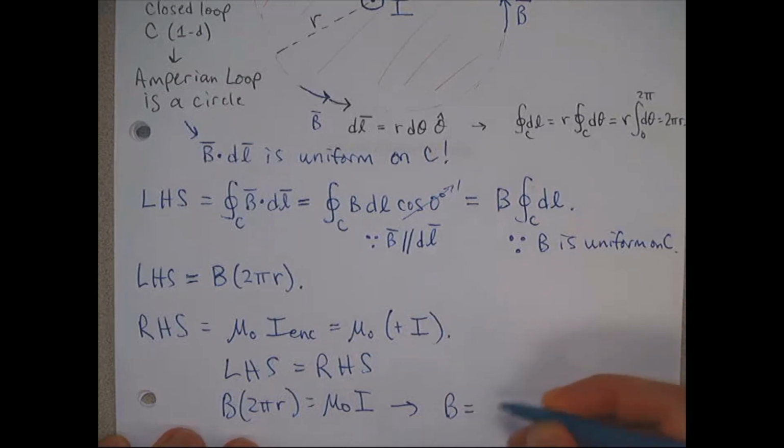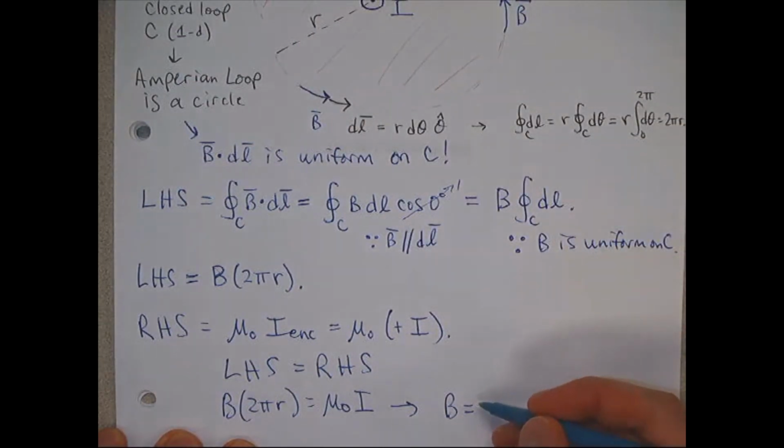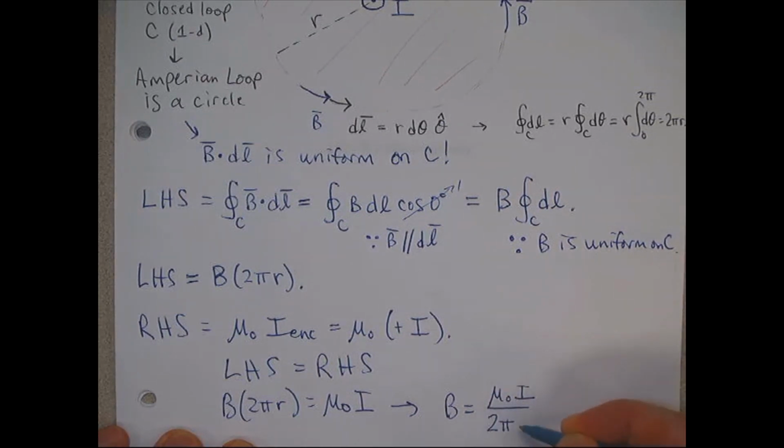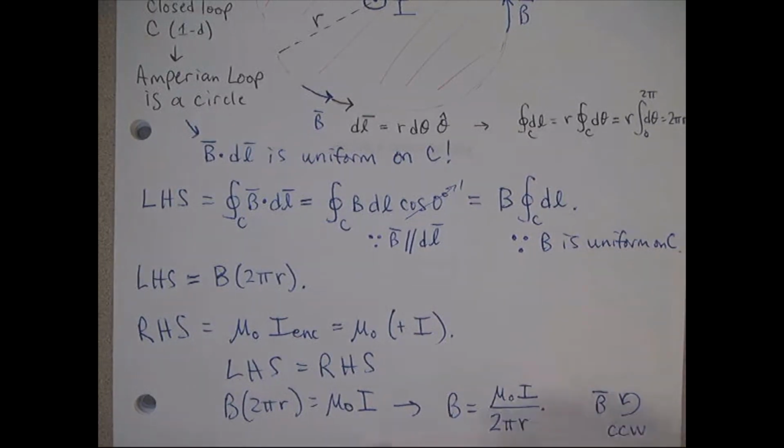And we have determined the magnitude of the B field as a function of the distance, lowercase r, from the wire. And we know that this is a vector field. It's circulating counterclockwise around the wire.